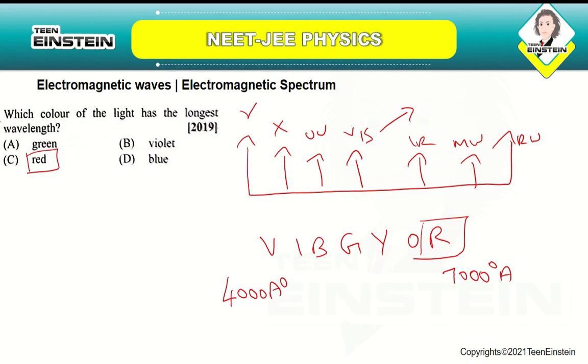So, if you just remember this particular electromagnetic spectrum, you can easily solve all these questions, which are very simple concepts. Okay, generally the electromagnetic spectrum starts with gamma rays, X-rays, UV, visible, IR, microwave and radio waves. So, as you go from gamma to radio waves, the energy will decrease and the wavelength will increase. So, with this concept you can easily solve all the questions making use of this particular logic.